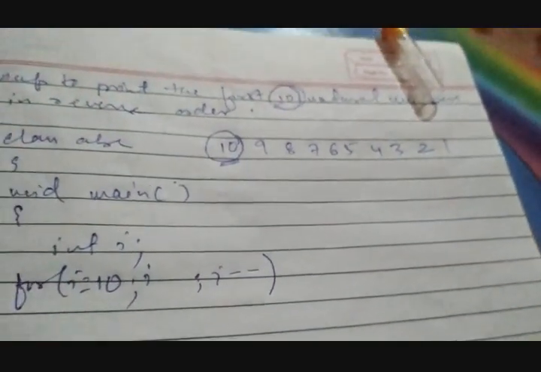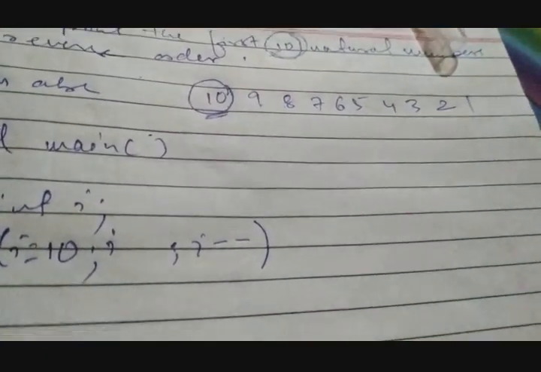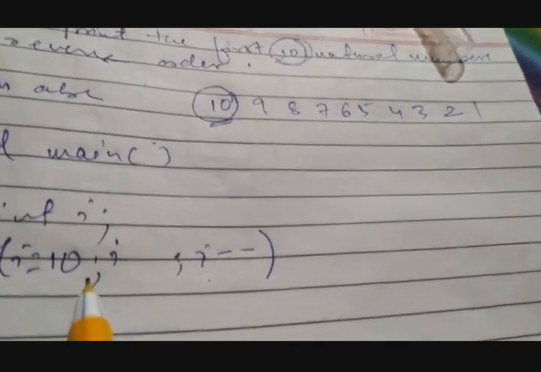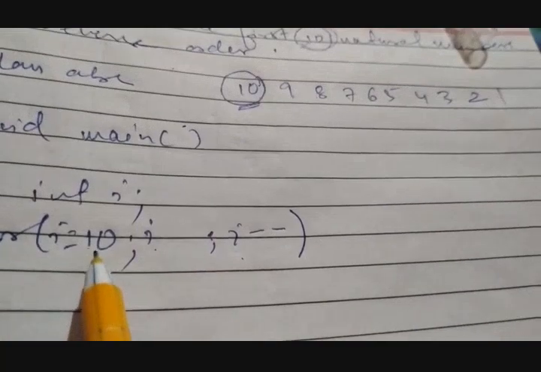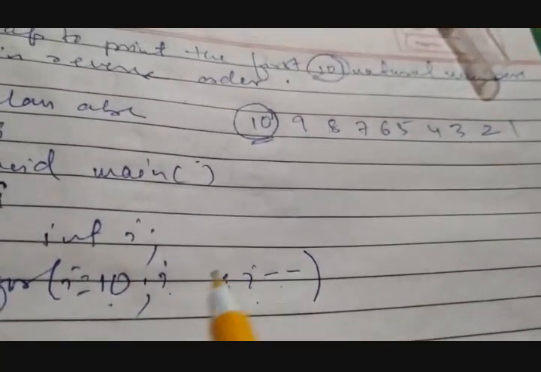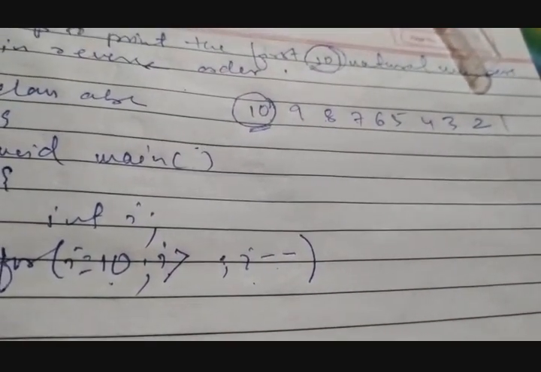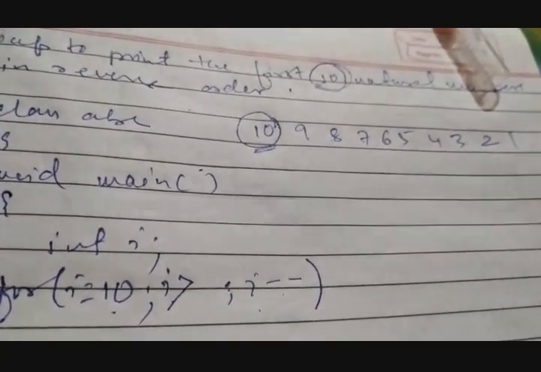So when the minus minus symbol is there, then I should be greater than, because it is starting with 10, the highest value, and it is minus minus, so there is always a greater than symbol. So you have to put a greater than symbol here.